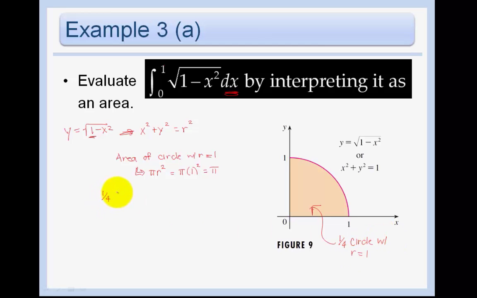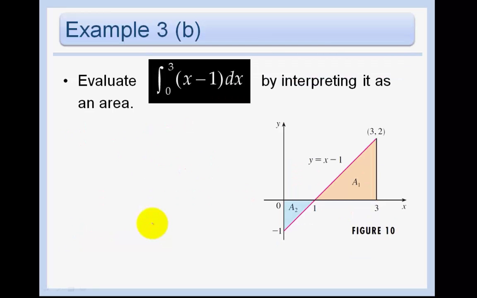So 1/4, the area, is just going to be pi over 4. Therefore, the integral from 0 to 1 of the square root of 1 minus x squared dx is just pi over 4. That's it.